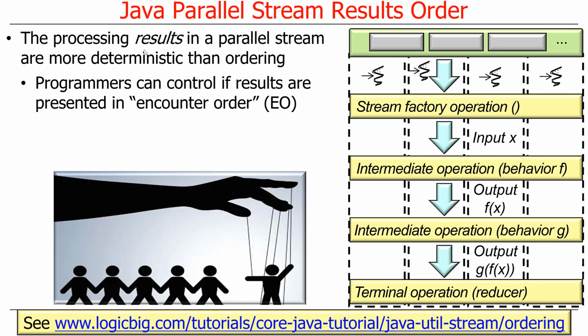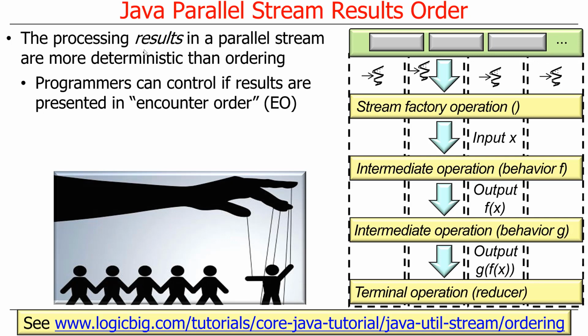And programmers control if the results are going to be presented in something called encounter order. We've talked a bit about encounter order before, but we'll talk a bit more about it now, and hopefully it'll make sense. The easiest way to think about encounter order is just the order in which the data shows up from the source. And usually, the best way to think about it logically is kind of left to right.